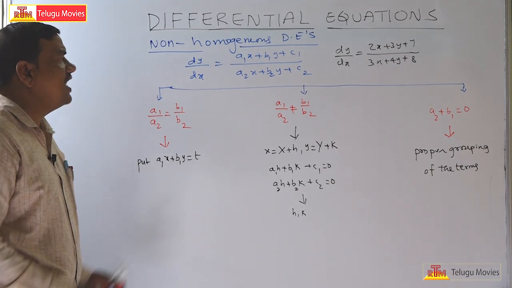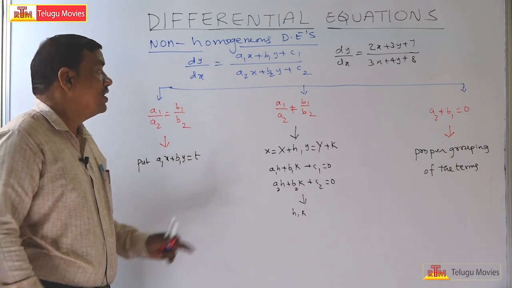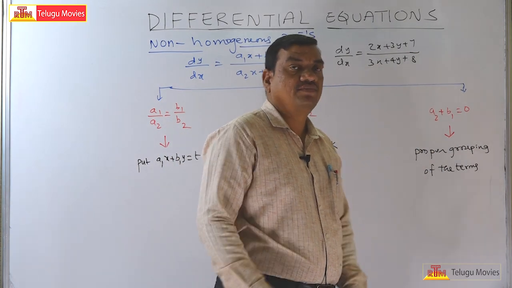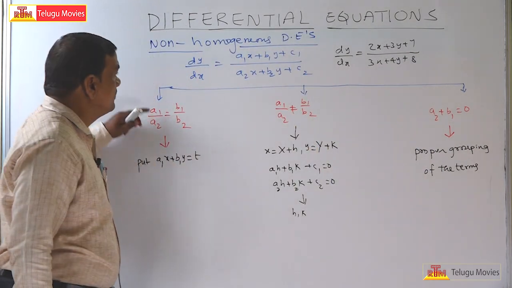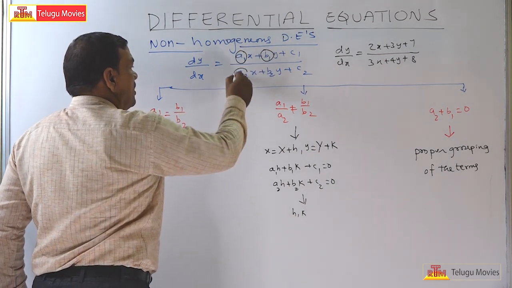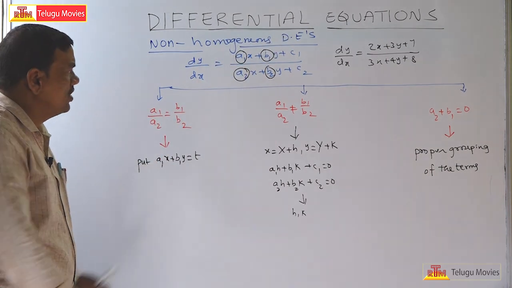Then how to solve non-homogeneous differential equations? There are three types. For the first one, observe the coefficients, that is a1, b1, a2, b2, not c1, c2. Forget about c1, c2.